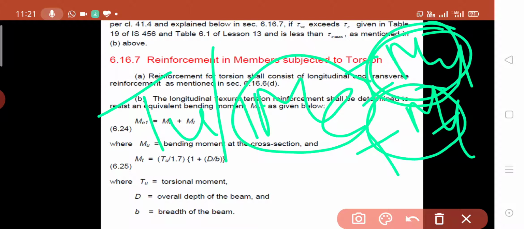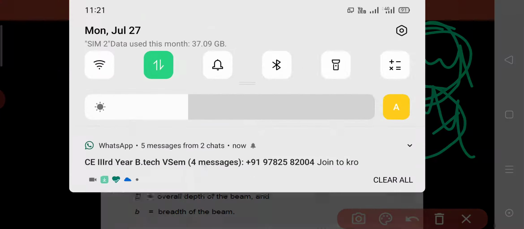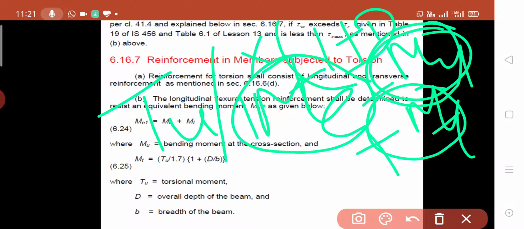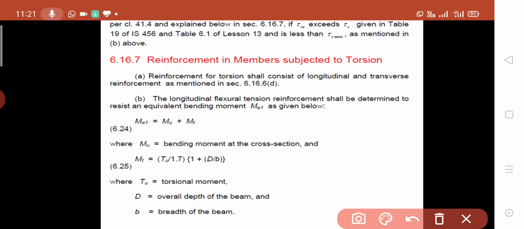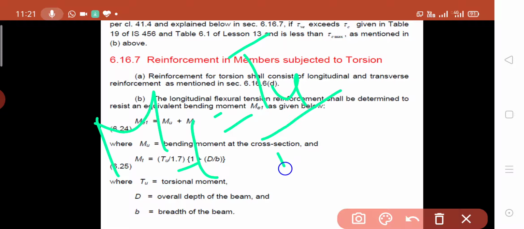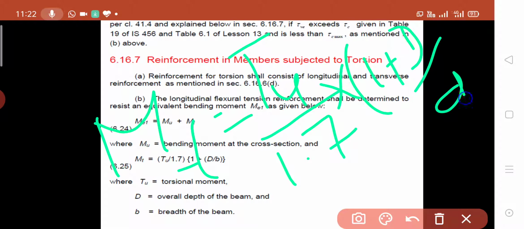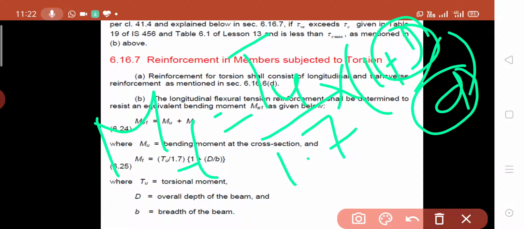MT equal to TU upon 1.7 into bracket 1 plus capital D upon B, where D is the overall depth and B is the width.